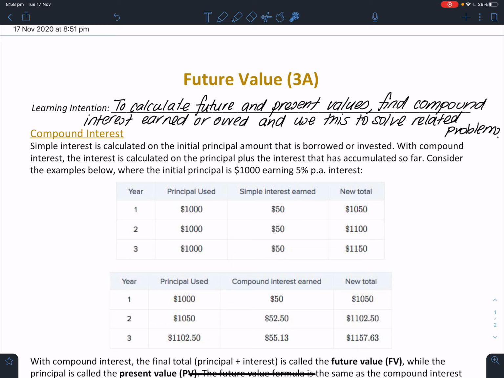If you're borrowing money on compound interest, you're going to pay more in interest. But if you're investing money, you're also going to earn more in interest. So it has both benefits and disadvantages, depending on what you're using it for.